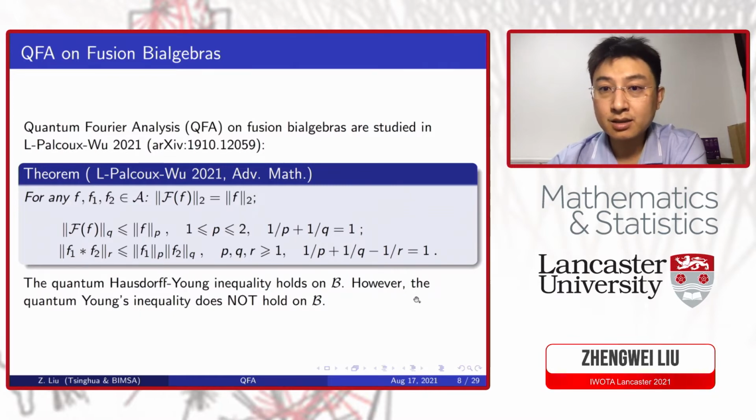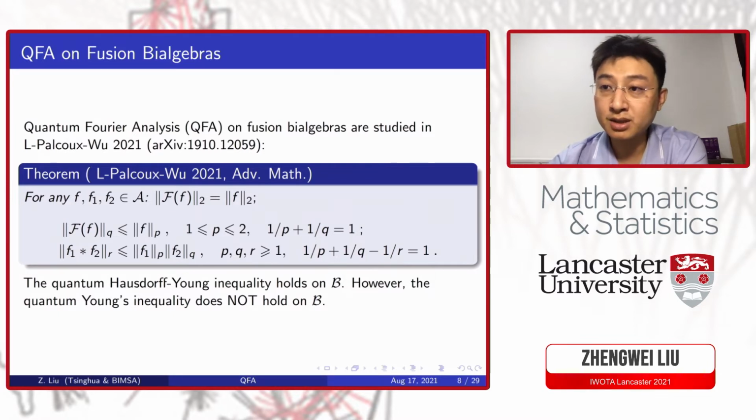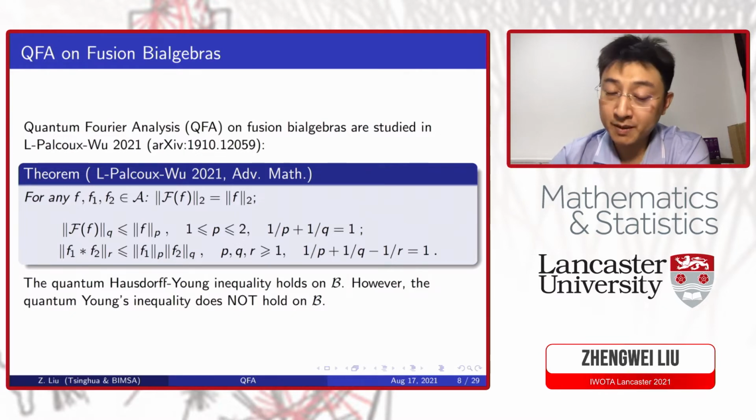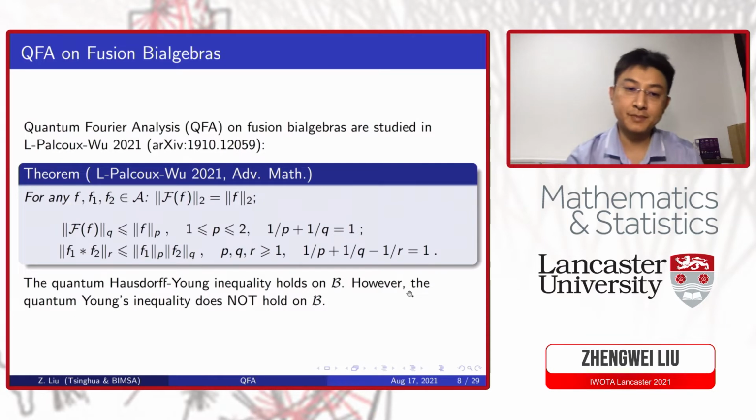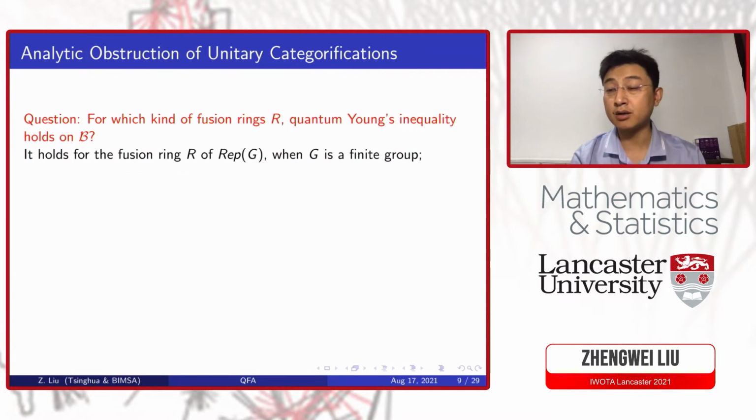So it seems like this is a very classical inequality, and the generalization is pretty reasonable from group to the general setting, like fusion ring or probability group. But even in this very natural setting, the Young inequality doesn't hold. So something is wrong. And we can easily construct an example even for the three-dimensional case. That means the order of the probability group is 3.